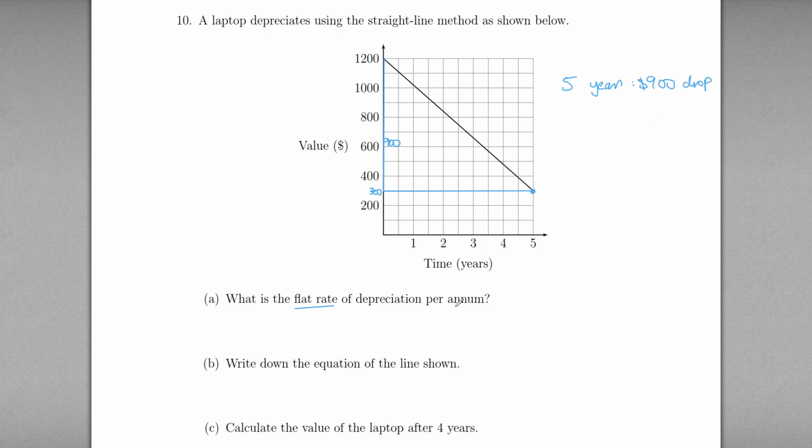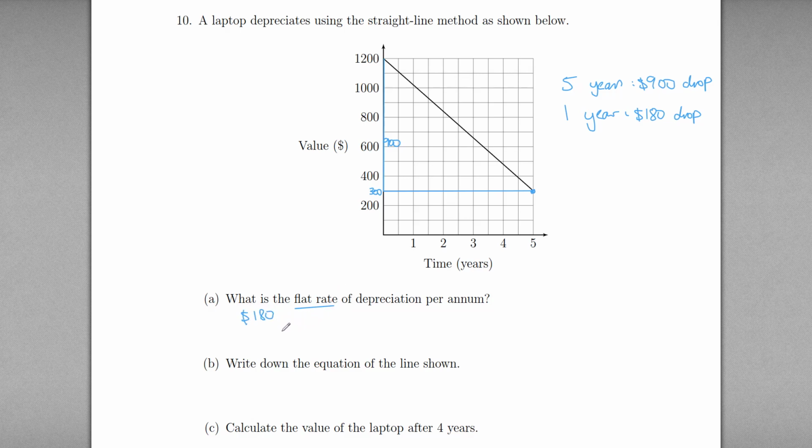And so per annum, per year, so per 1 year, it's going to be 900 divided by 5, which is a $180 drop. Okay, so it's $180 per year, but that's not quite the flat rate.